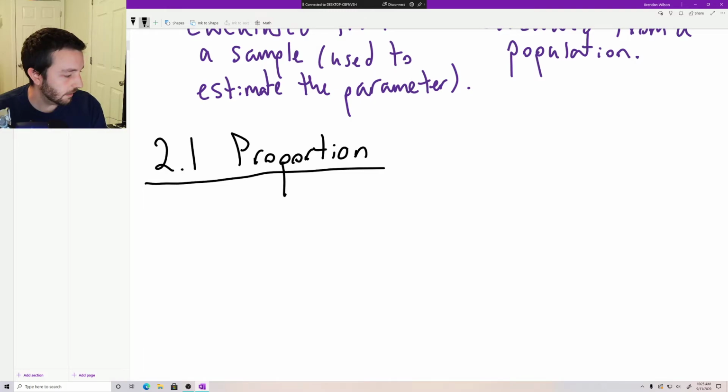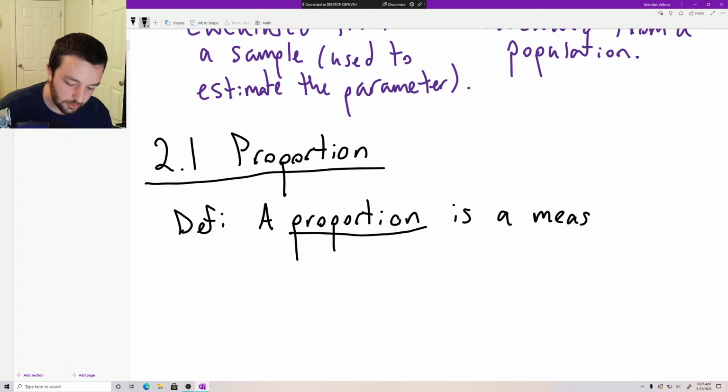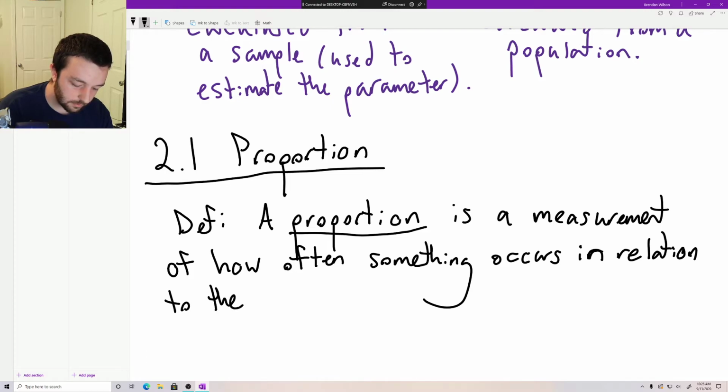So a proportion, the definition of this, it's a measurement of how often something occurs in relation to the total.